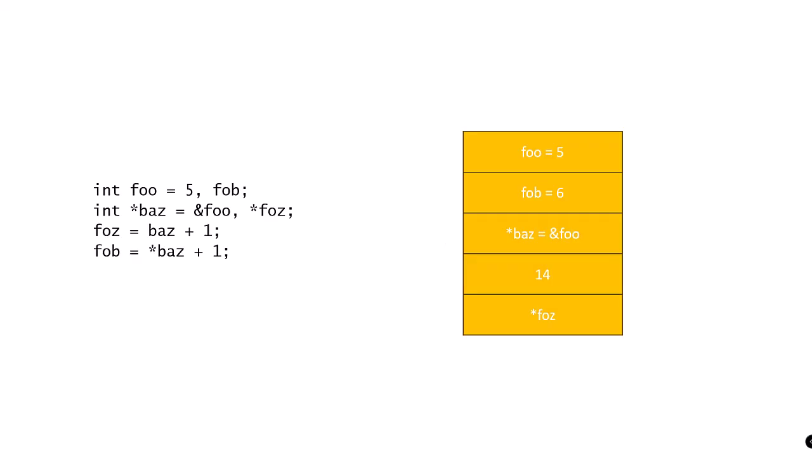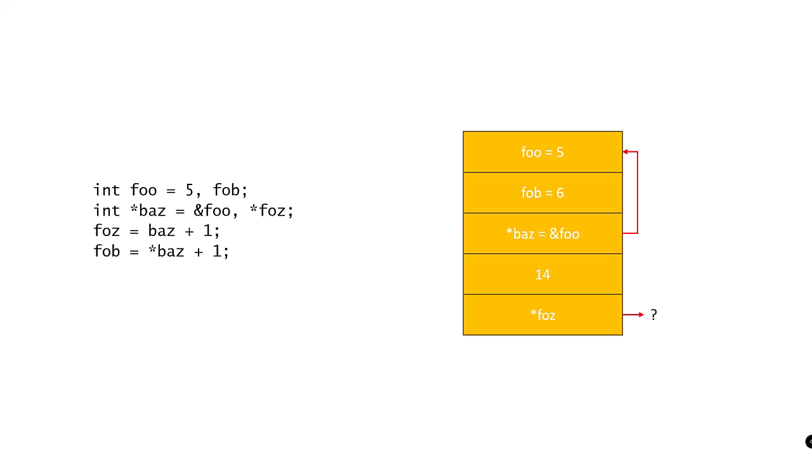A couple of examples show us both the power and the dangers in pointers. Here we have declared a variable foo and another variable fob. We have a pointer, baz, that points to foo. We have another pointer, foz.